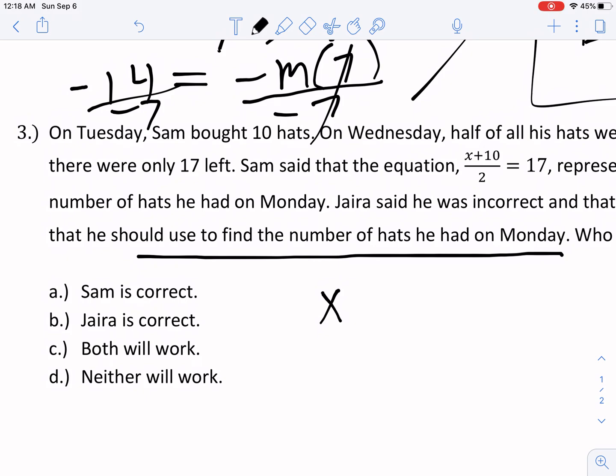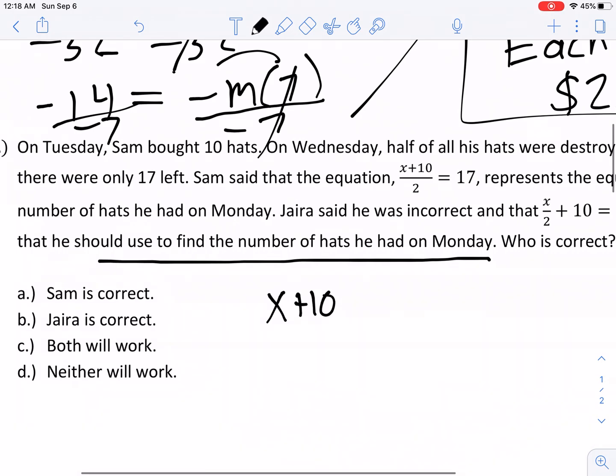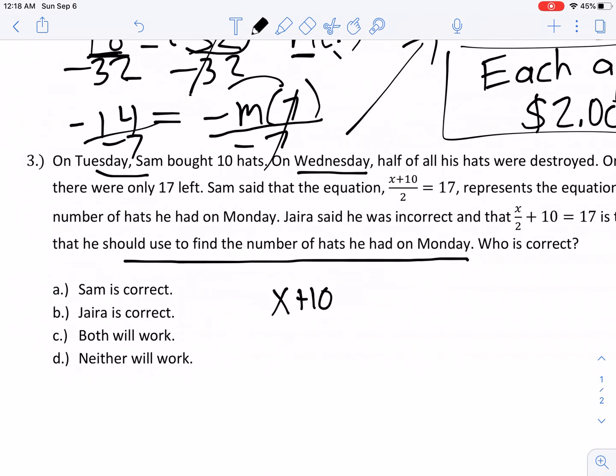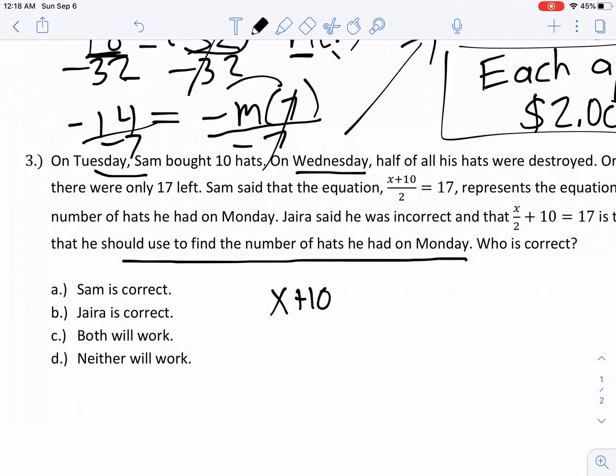Well, then going into Tuesday, he bought 10. Well, if you buy 10, isn't that adding 10 more to what we had? Well, yeah. Okay, so I'm adding 10 to the amount that we didn't know that he had, correct? And then on Wednesday, so we took care of Tuesday, then on Wednesday, half of all his hats were destroyed, okay? So on Monday, he had X, an unknown amount. On Tuesday, we added 10 more.